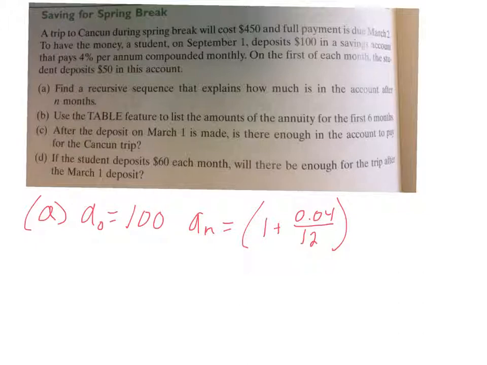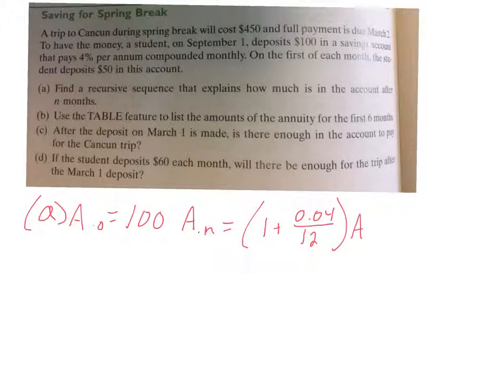And I'm going to change this all to big A. We usually use a capital A to talk about the amount that we currently have in an annuity, just so we don't confuse it with another sequence.